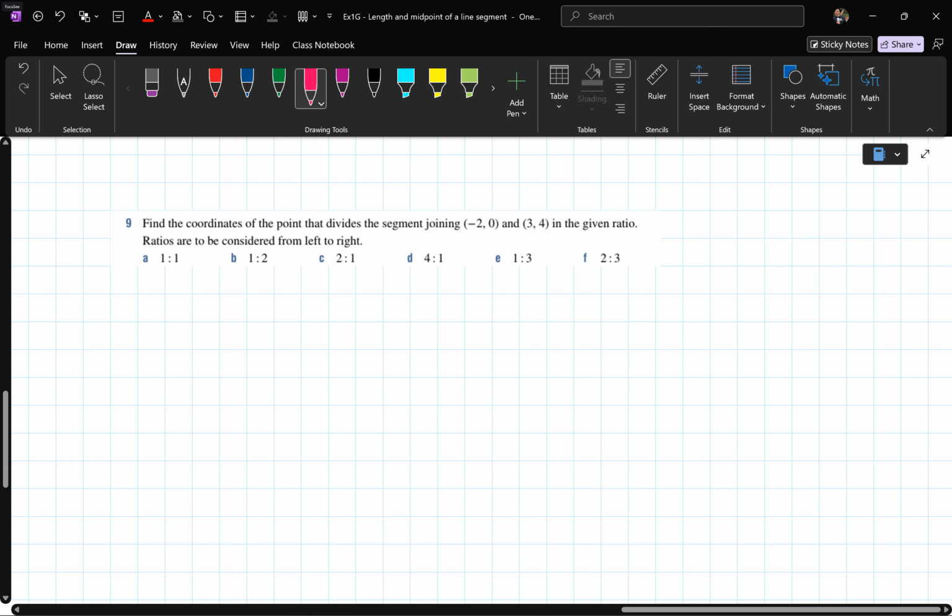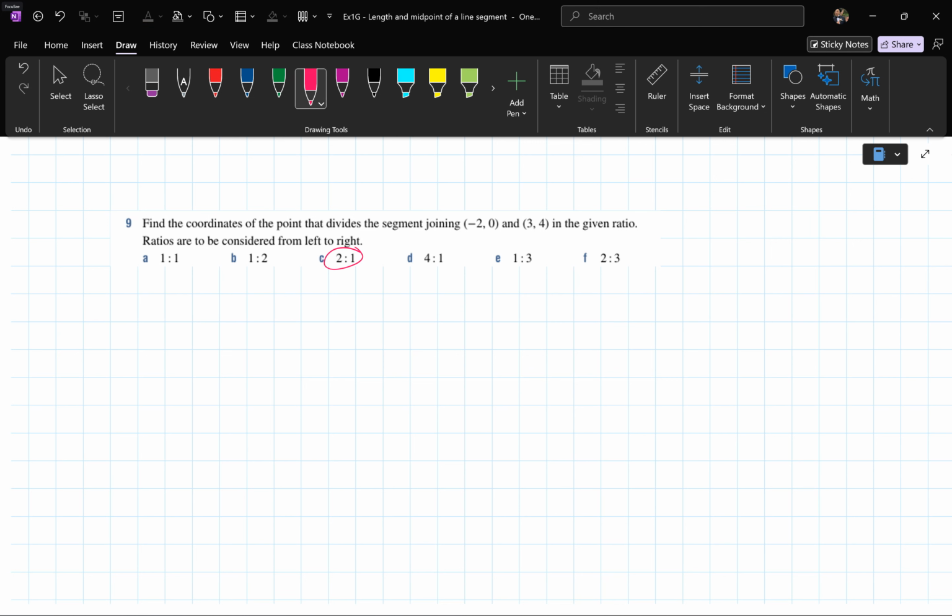Now, to do this question, especially when you have a segment and you need to split it in ratios rather than finding the midpoint, you're finding the point where it's in a certain ratio, right? There is a formula that you can find. I think it's called the segment ratio formula.